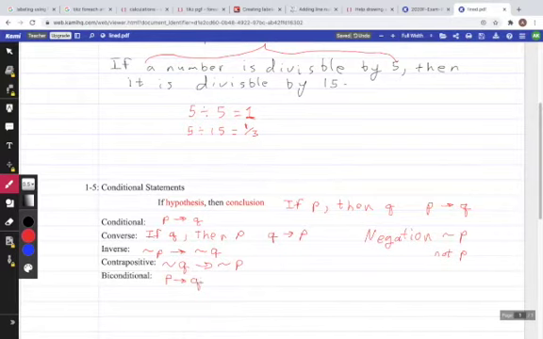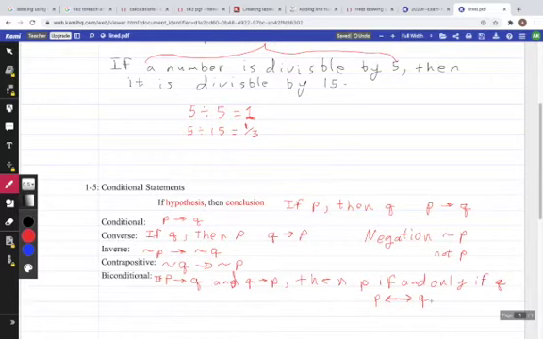If P implies Q and Q implies P, then we have P if and only if Q. Or another way of writing that is P, Q, so we have a double arrow. And this was the real big stuff from this section.